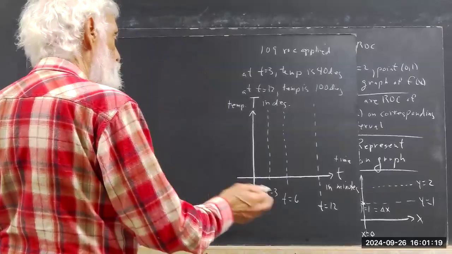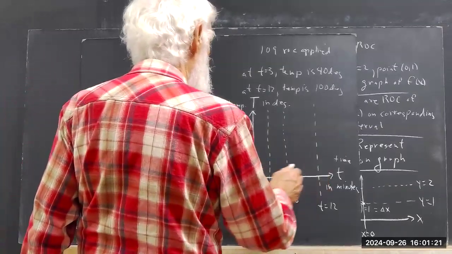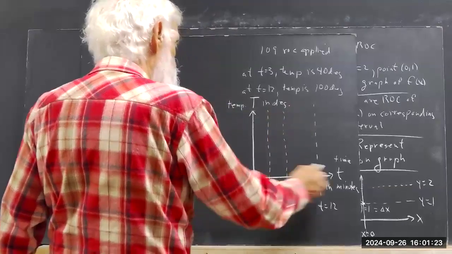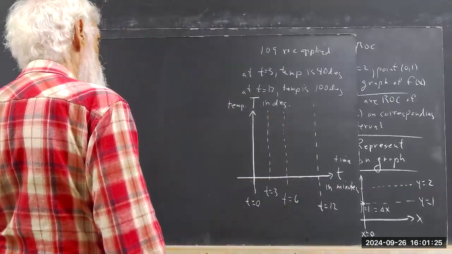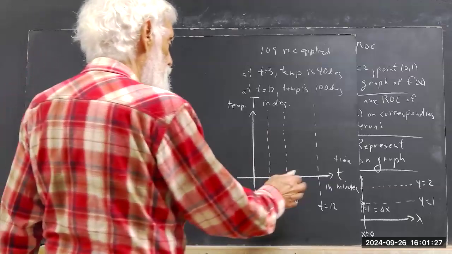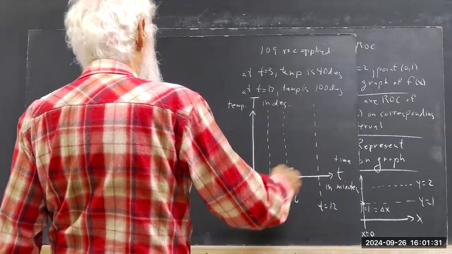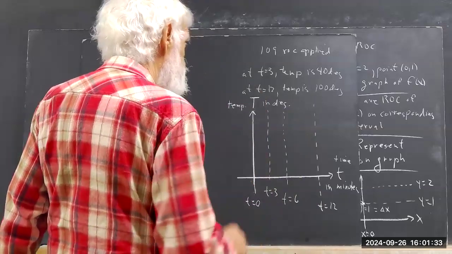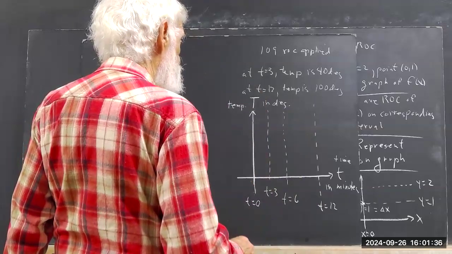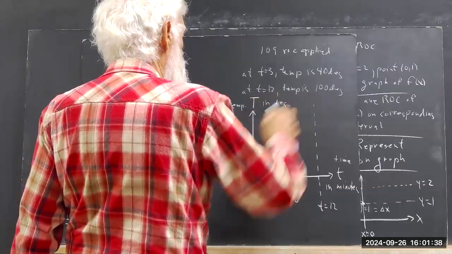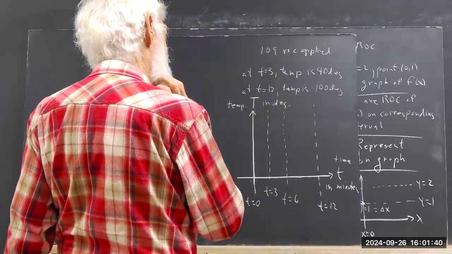Now, the numbers I give you don't always work out that nicely with halfway and halfway, but you can still do a pretty good job of putting a scale on it by taking something around your biggest number and splitting things up. You can do that any way you wish. Now, if t equals 12, the temperature is 100 degrees.